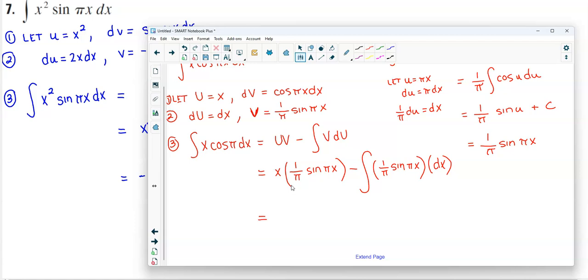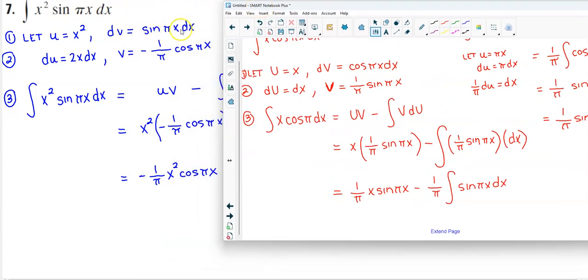And so now we have 1 over pi times x times the sine of pi x, and then we can factor out the 1 over pi, so it's minus 1 over pi times the integral of the sine pi x dx.